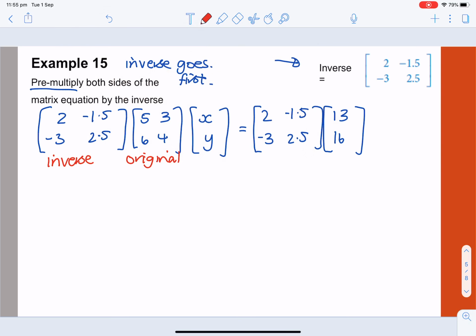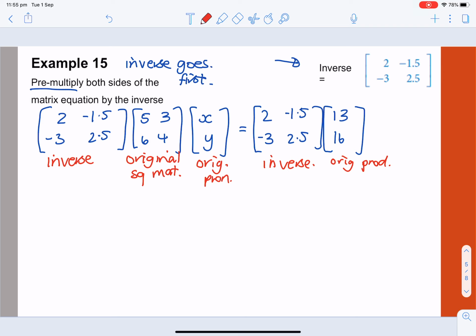So that's the original square matrix. This is the original pronumeral matrix. This is the inverse again, and this is the original product. So I haven't added anything that I won't be able to use.